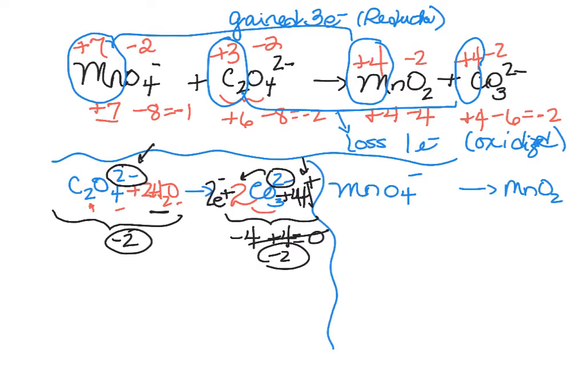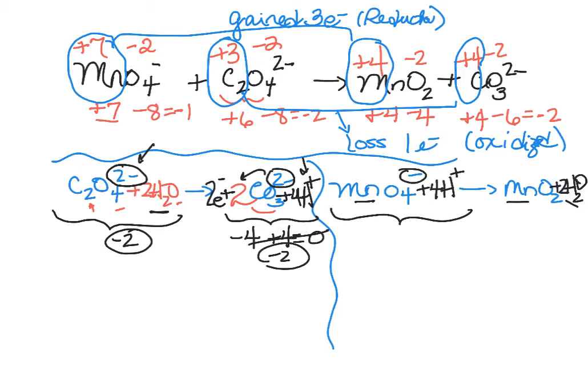So moving on to the reduction half reaction. The manganese are already balanced, so I'm going to add water to balance the oxygen. And now I have 4 hydrogen on the product side, so I'm going to add 4 hydrogen ions on the reactant side. Now I'm going to total up charge.